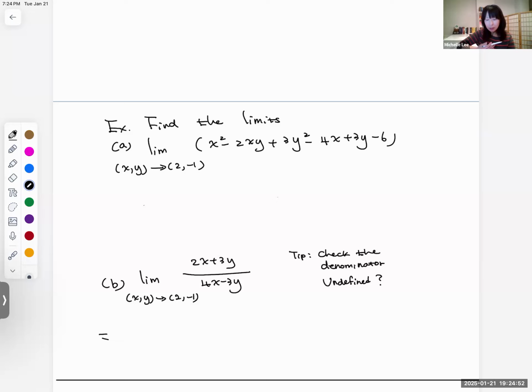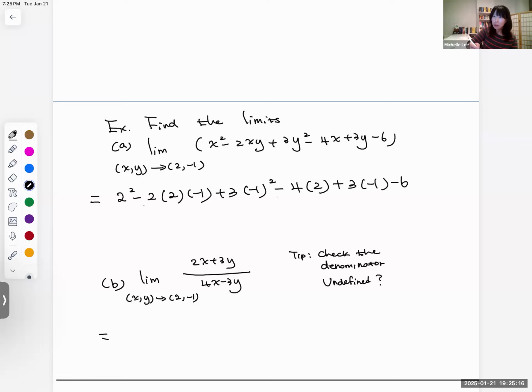We can just apply 2 and -1. So 2 squared minus 2 times 2 times -1 plus 3 times (-1) squared minus 4 times 2 plus 3 times -1 minus 6. Can you please calculate?